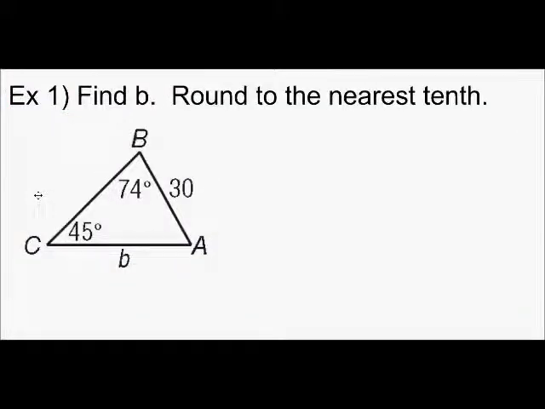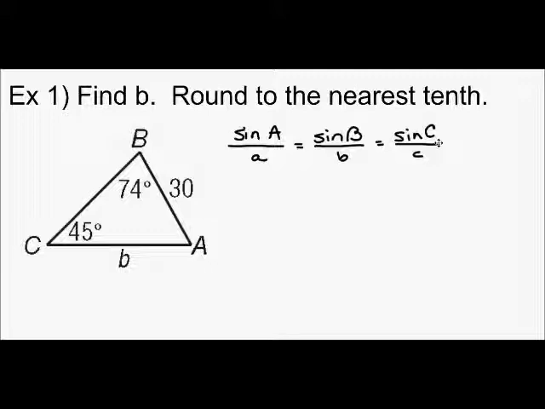Okay, example 1, we want to find little b, and we're going to round our answer to the nearest tenth. So remember the law of sines. So sine A over little a equals sine B over little b equals sine C over little c. And we do have 1, 2, 3 ratios written here.